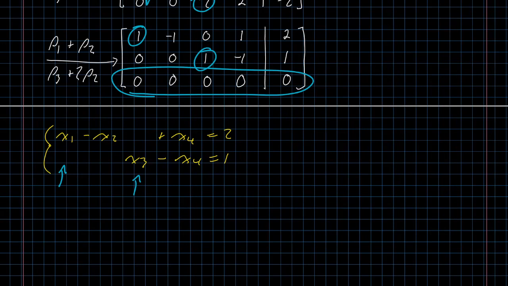The first row, first column, and the second row, third column were our lead entries. Those correspond to the x1 term here and the x3 term here.